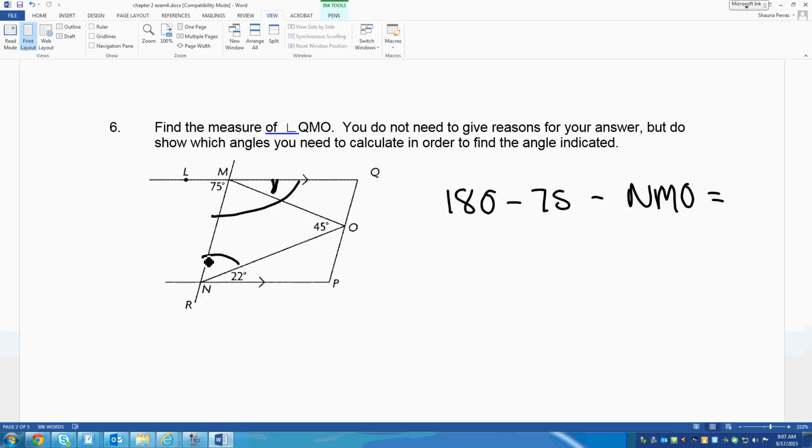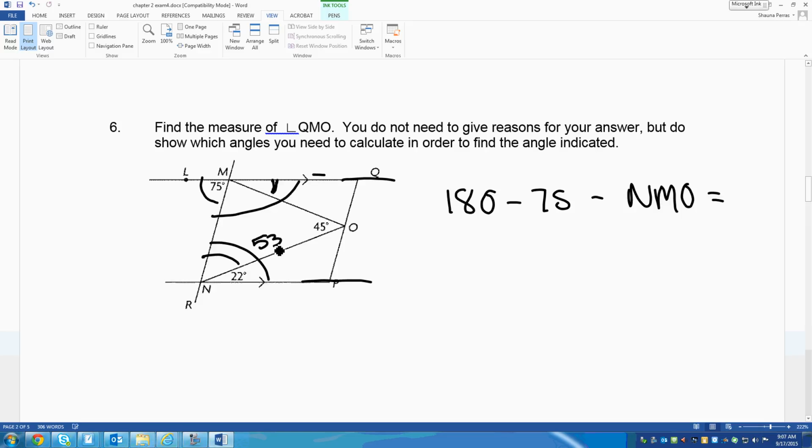So these are parallel lines here, this one and this one. So this angle here is alternate interior angle to that one, right? So we know this angle MNP is 75. So to get that little angle in the triangle, it's 75 minus 22, which is 53.